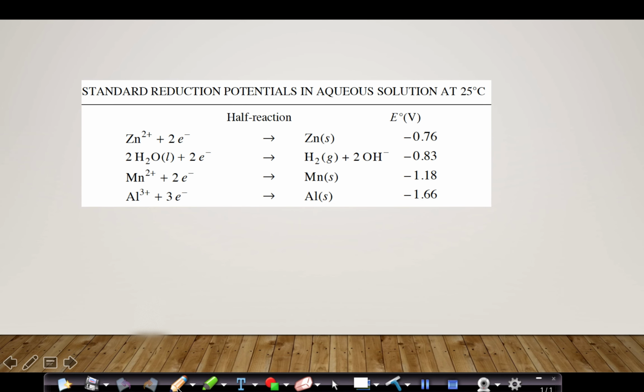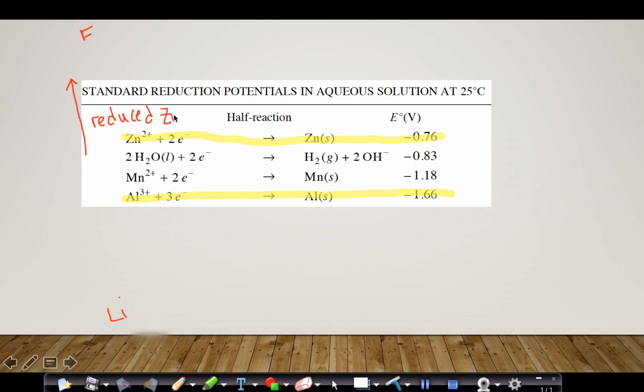When we look at these two species on the table of reduction potentials, we have zinc, in the bottom portion of the table here, and aluminum here. Since zinc is higher up on the table, closer to where fluorine was at the top of this table and lithium was at the bottom, zinc is going to be the one that is more easily reduced.